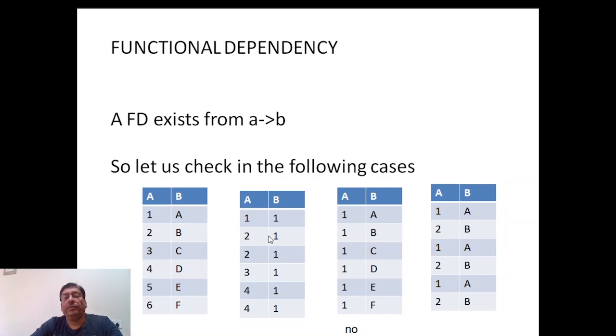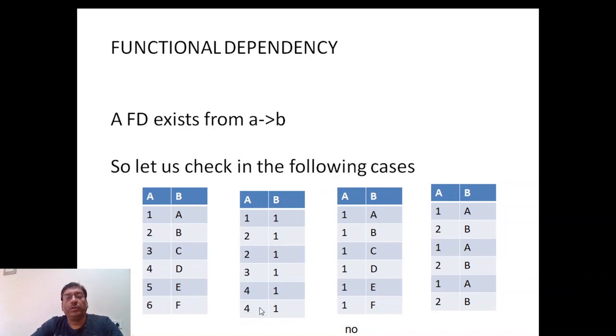So in short, by looking at these four different relations, we can say that a functional dependency exists from A to B when all the values of A are distinct. When all the values of A are distinct, irrespective of the value of B, we get the functional dependency.